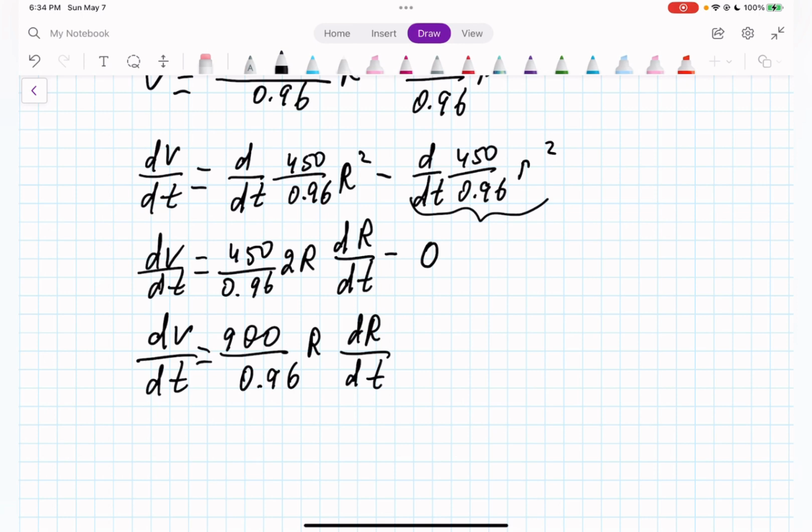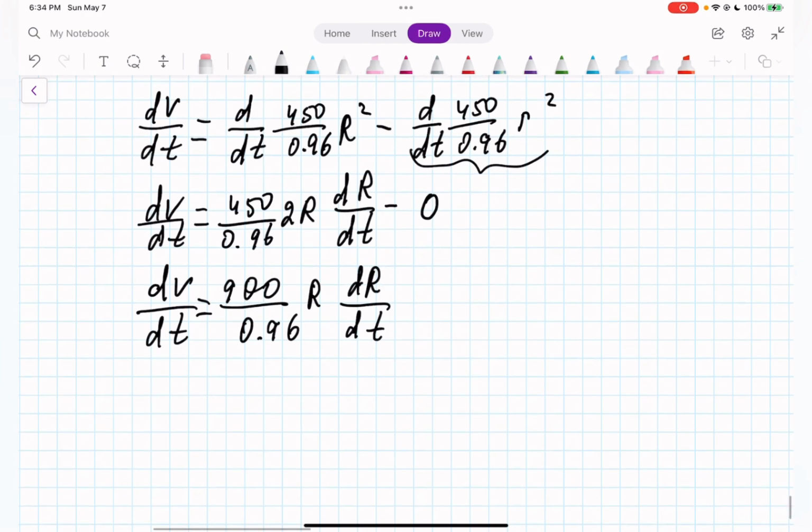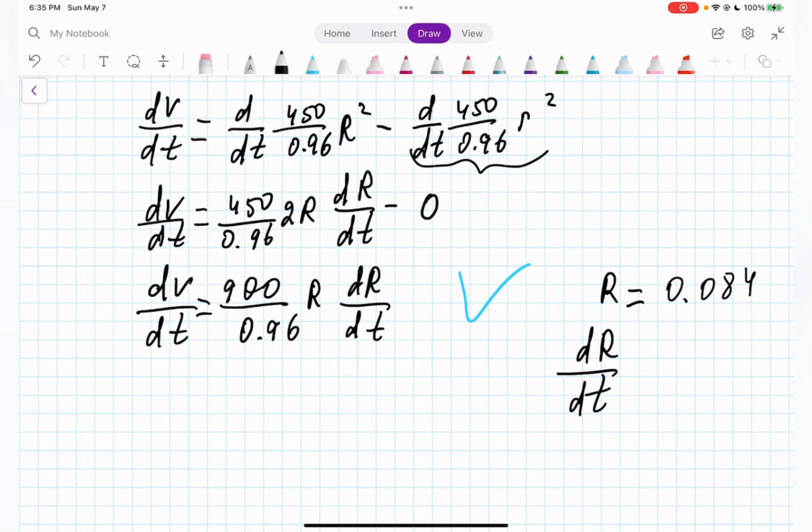All right, so what do we have? We have dv by dt, here it is. The radius is equal 0.084, right? And dr by dt is equal 0.00016.